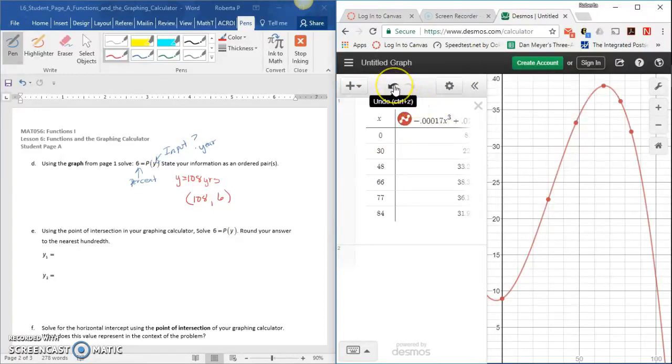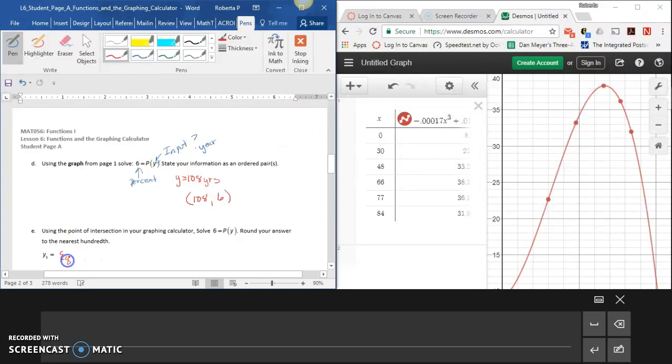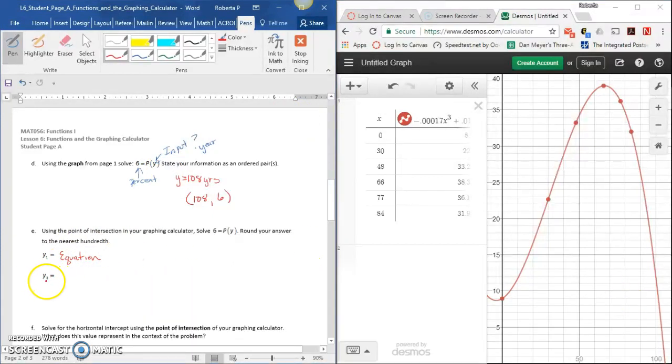So what we want to do is, we know that our equation has already been typed in, and so our equation is here in what we consider Y1, and then the other output, Y2, is our 6.